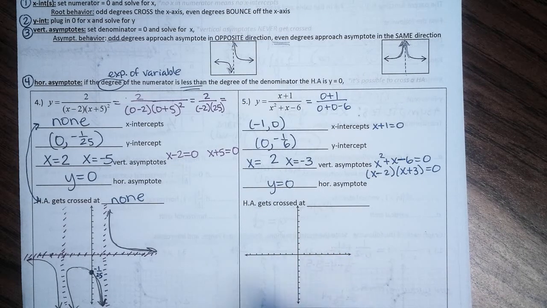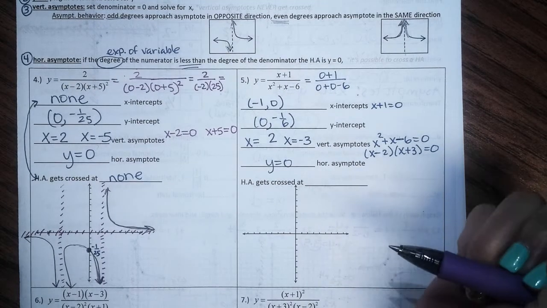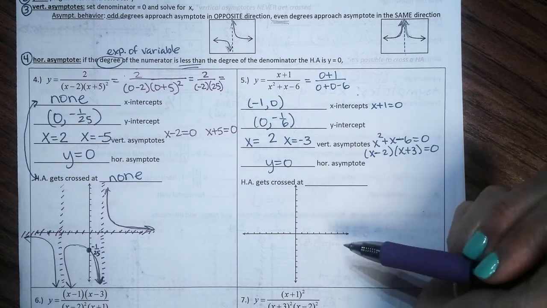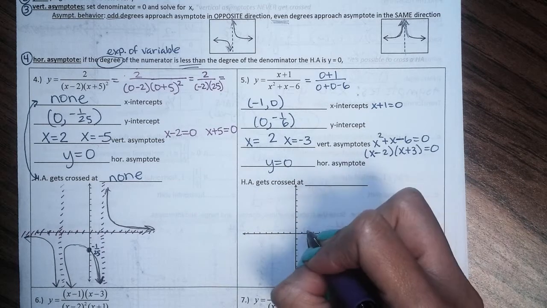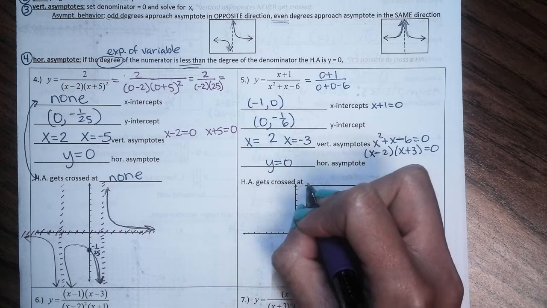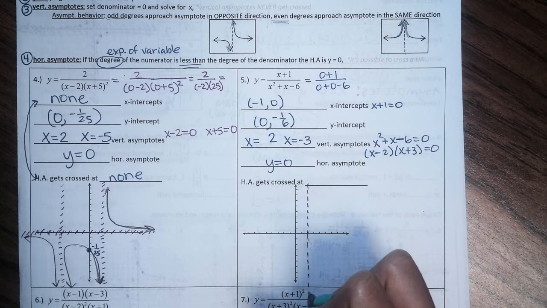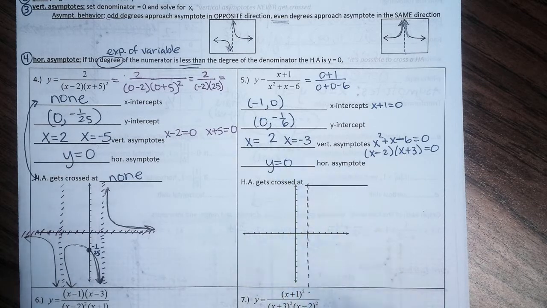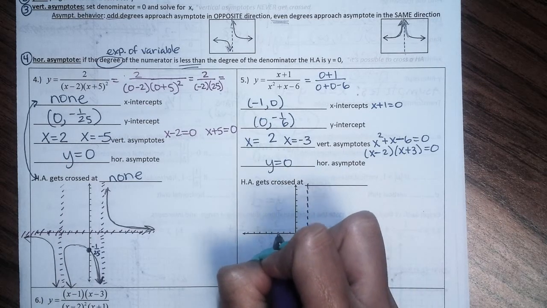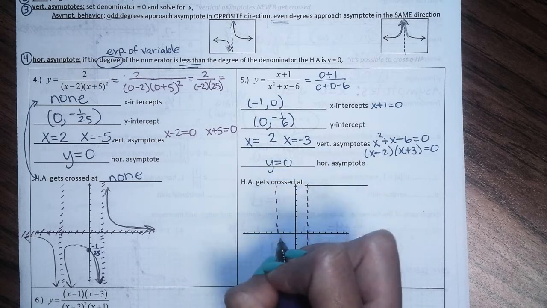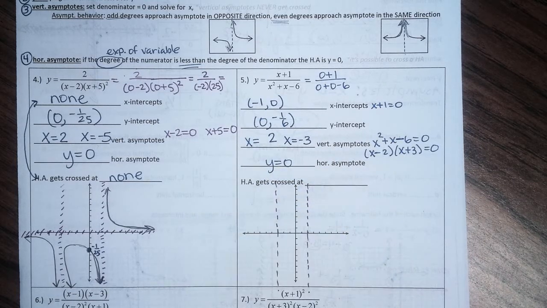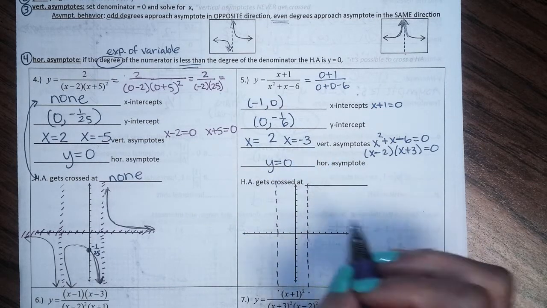Now I would sketch everything very quickly. Let's sketch it. I would sketch the asymptotes first, so x equals 2, x equals -3, y equals 0.